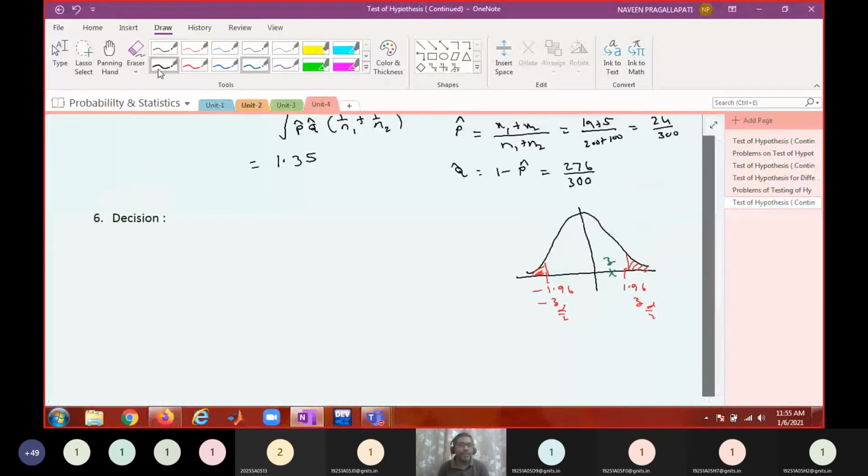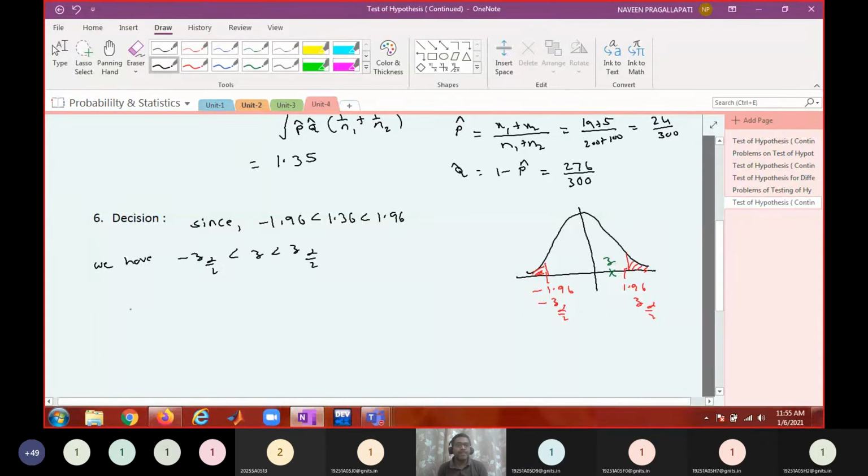Okay, so since minus 1.96 is less than 1.35, which is less than 1.96, that is, minus Z alpha by 2 less than Z less than Z alpha by 2, it implies we do not reject the null hypothesis H naught at the 5% level of significance.